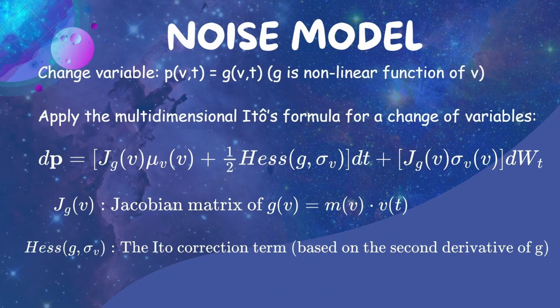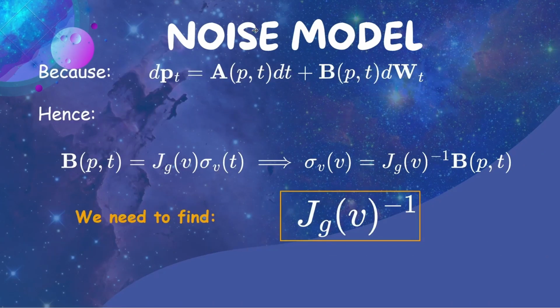Now we determine them. Then we apply the multidimensional Itô formula for a change of variables to rewrite the change in momentum into a formula based on Vt and G. Because of the stochastic momentum change equation mentioned before, Bt equals the Jacobian matrix times the diffusion term of velocity.